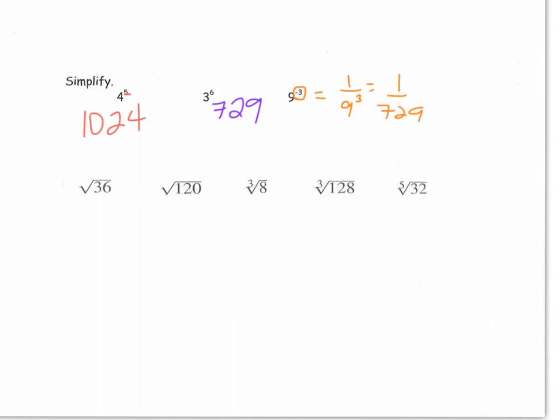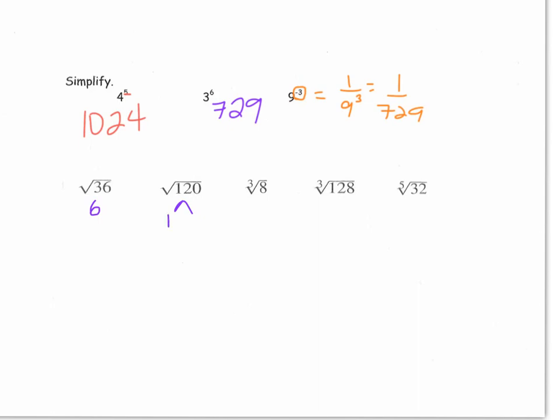We know that the square root of 36 is a perfect square, it just equals 6. But 120 isn't a perfect square. Now, there are lots of ways that you can go about finding the perfect square factors of 120. And I'm fine with whatever method you feel you are best at. I like to break it down to find numbers that are perfect squares that go into 120.